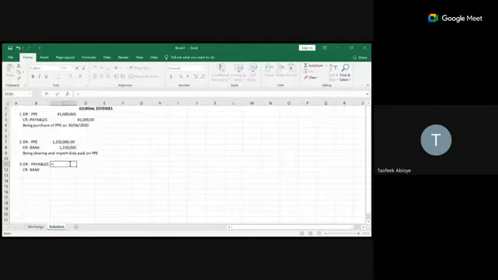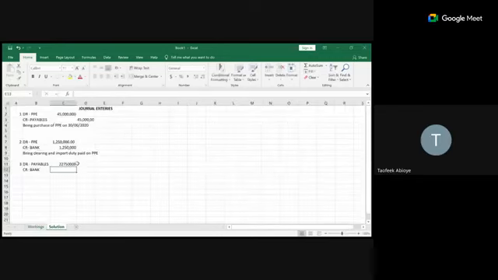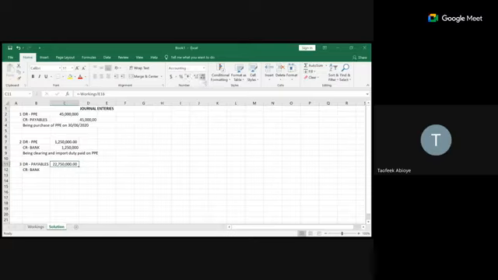So we paid this amount, but we put a minus at the front. This is the amount we paid. So we debit payables and we credit bank. Voila.